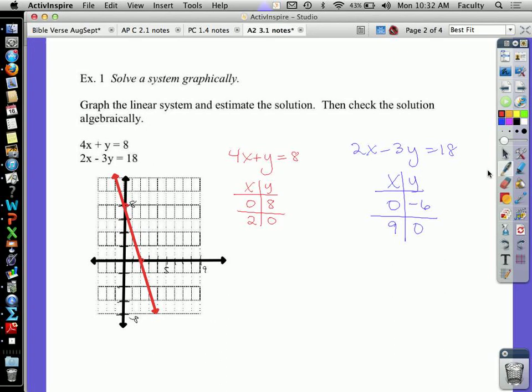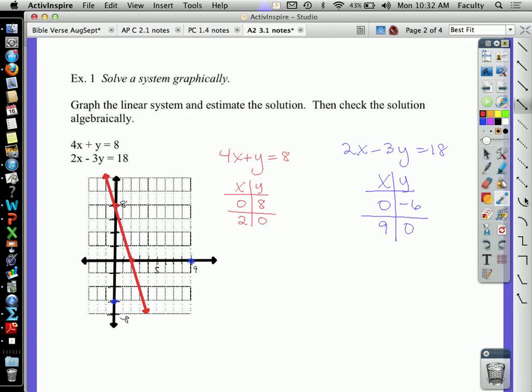Also, when you're drawing your lines extended through the grid, you make it touch the boundary of your grid. So then if I have 0, negative 6, and 9, 0, let me draw that line. That was bad, sorry.